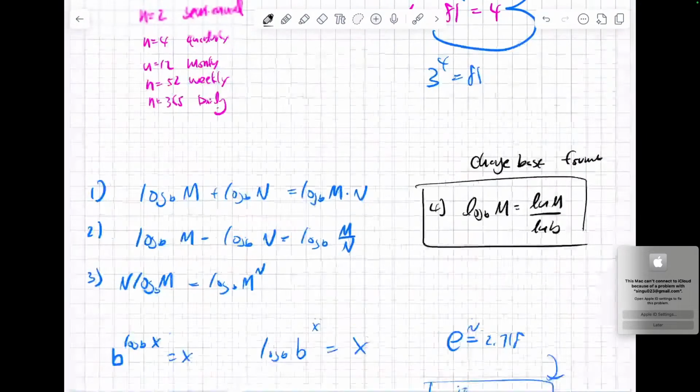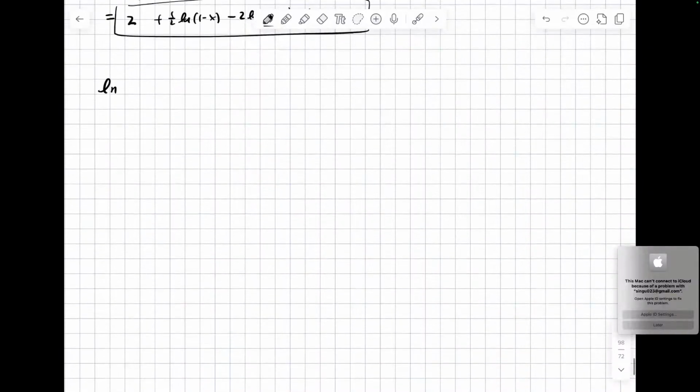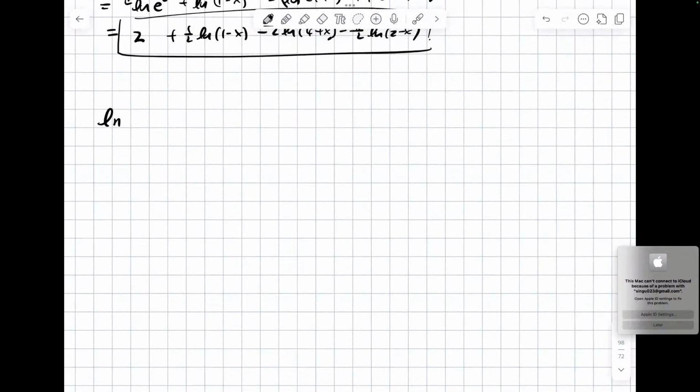All right, so now let's do condensation. How to compress everything together. So what if you have 2 ln of x minus 3 ln of y minus 1/3 ln of x plus 1?